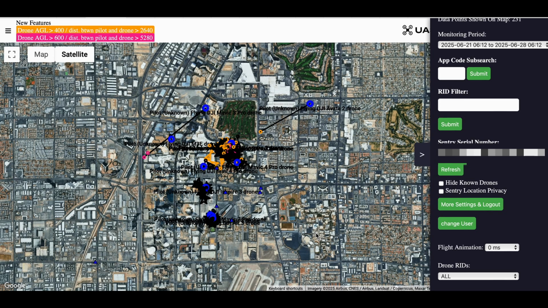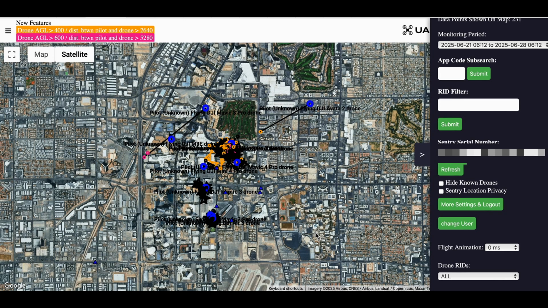We understand some customers may not want to show the receiver on a map, especially if they're giving a presentation, so there is an option in the right side panel that says hide the receiver location, so that location will then be turned off from the map.